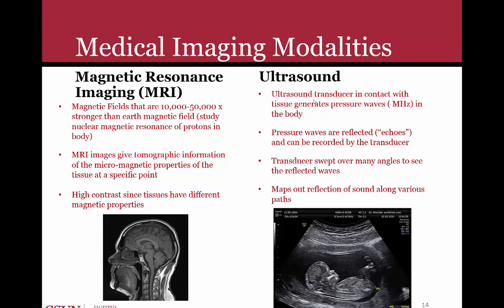The transducer produces waves in the body, and depending on the acoustic impedance, the ability of the tissue to reflect some of those pressure waves, you will get some reflections, and those reflections are then read as echoes.